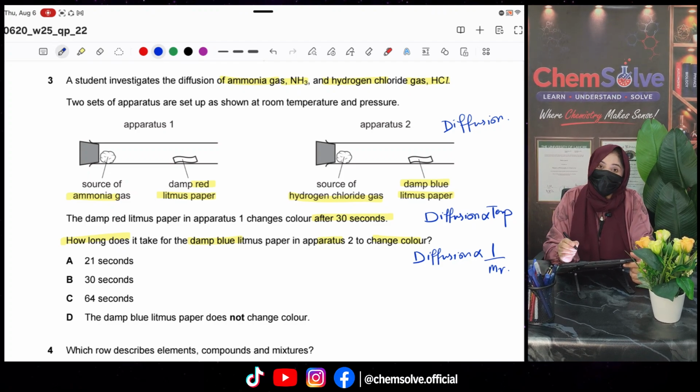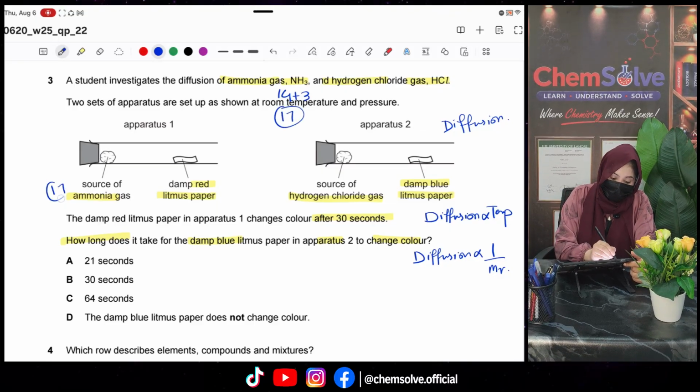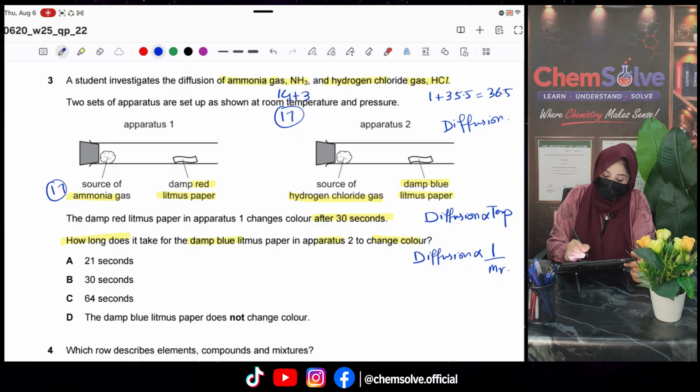So let's calculate the molar masses. For ammonia, nitrogen has molar mass 14, hydrogen has molar mass 1 and there are 3 hydrogens, so plus 3. The total molar mass for ammonia would be 17. While for HCl, hydrogen has a molar mass 1 and chlorine has 35.5, so it will make 36.5.